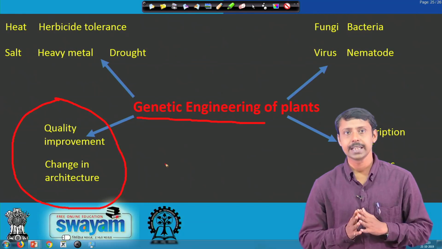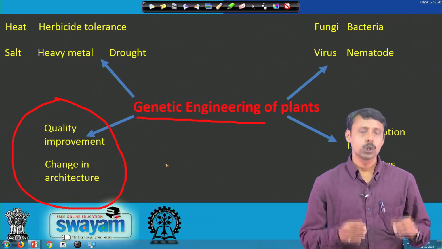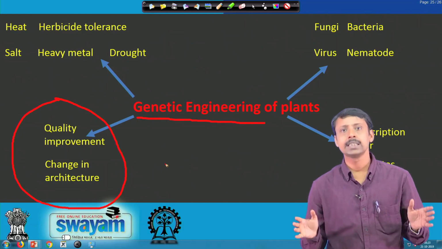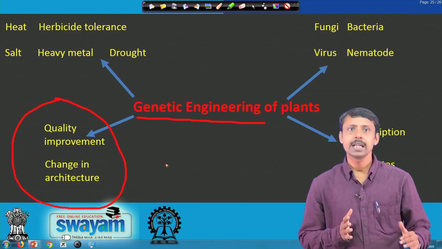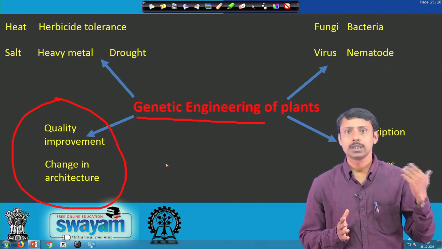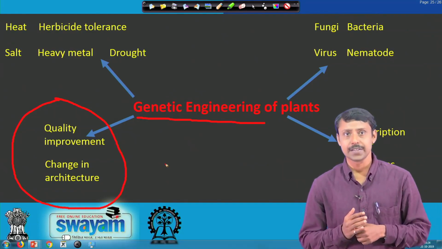through genetic engineering. And once we overexpress or down regulate a gene, and if a plant changes its root architecture, then it can show either drought or salt resistance mechanism.